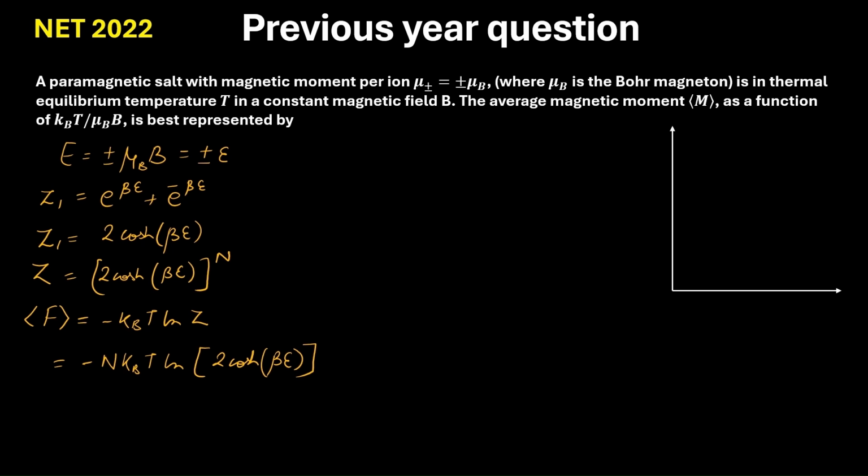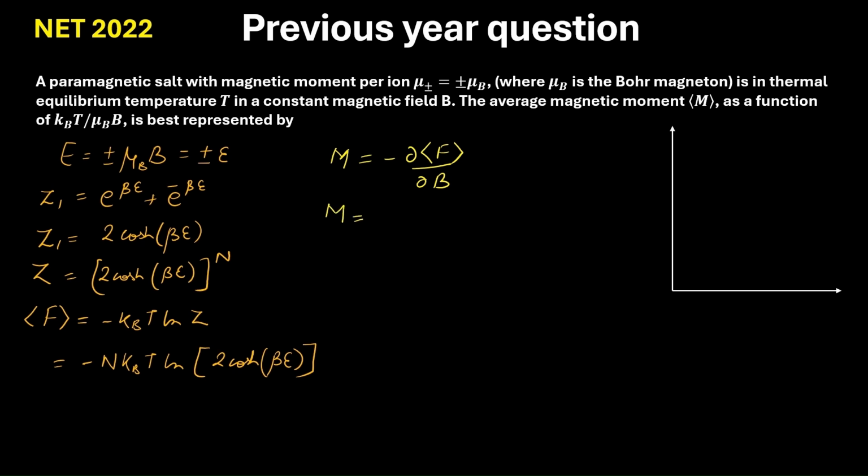Now we have got the free energy. From the free energy we can find the magnetization. It is equal to the derivative of the free energy with respect to the magnetic field. Now you can pause the video and do the derivation. I'm writing the final expression here.